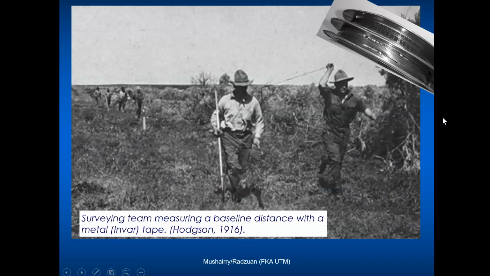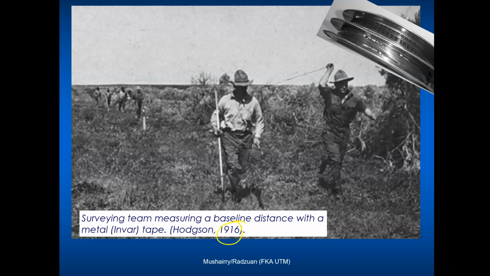Now that's just an old picture that I got from the internet, just to show how things were done way back, in the last century, in 1916. It's what they call a survey party. It was comprised of a few men.